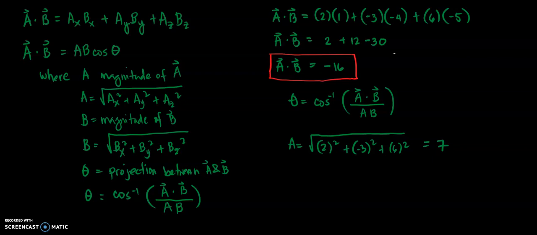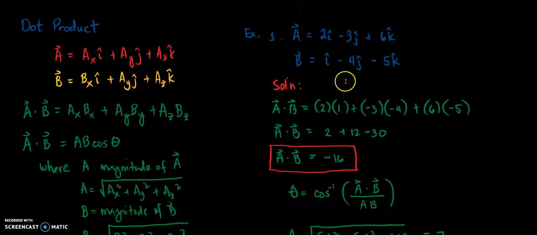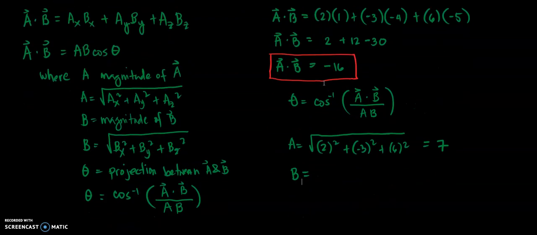And the magnitude of B is equal to the square root of 1 squared plus negative 4 squared plus negative 5 squared.